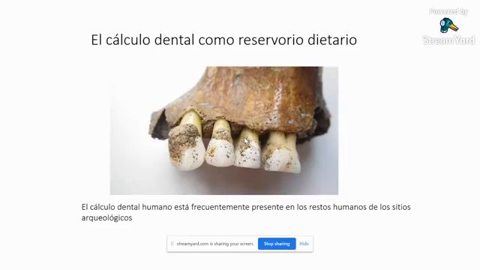So studies of dental calculus have shown that it's a very, very stable environment, and it's very robust to decay and alteration.